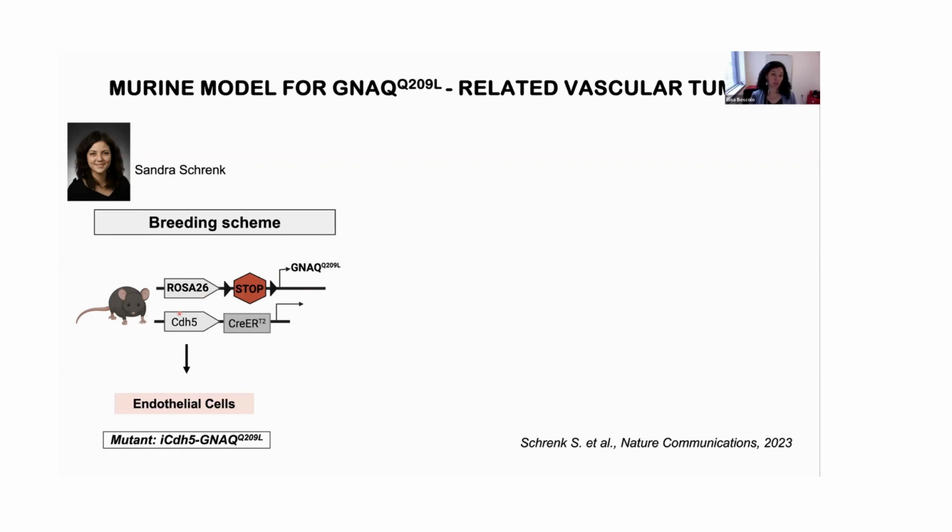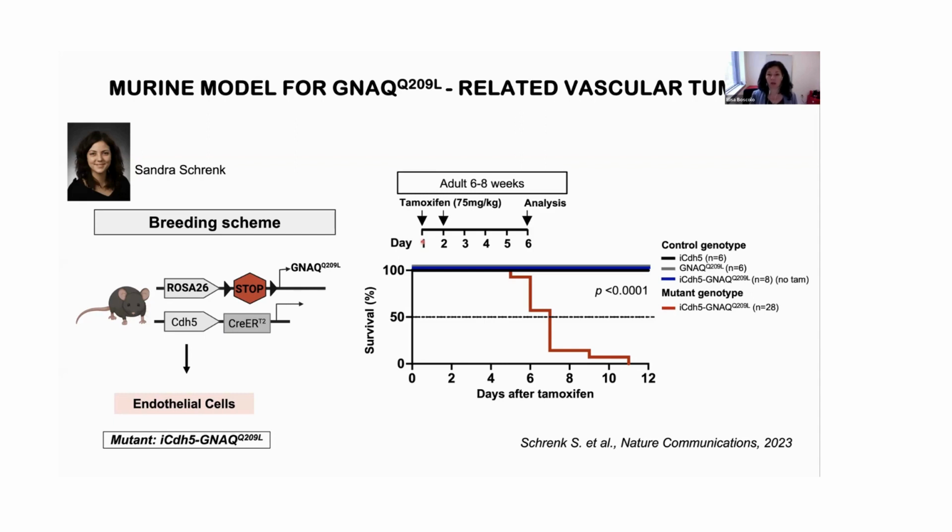So when crossed with the mouse expressing a CRE-ERT2 recombinase under the CDH5 promoter, we can introduce expression of the mutant allele specifically in endothelial cells upon tamoxifen administration, resulting in specific expression of the mutant GNAQ in the endothelial cells when we decide to administer tamoxifen.